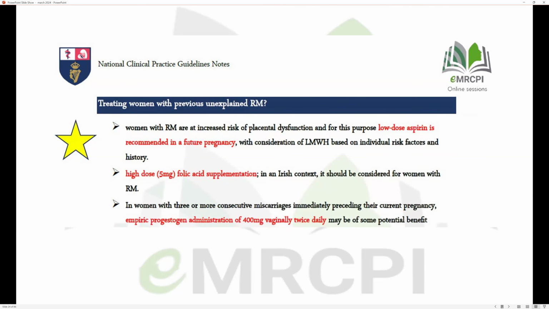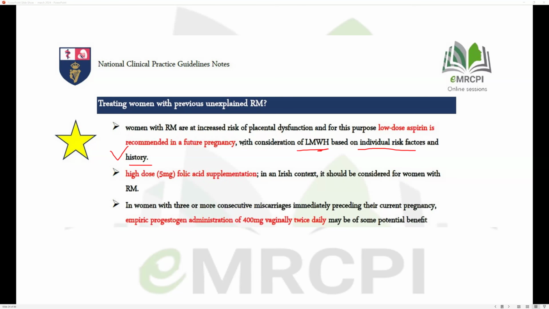For a woman with previous unexplained recurrent miscarriage, there is increased risk of placental dysfunction, and for this purpose, low-dose aspirin is recommended in future pregnancy, with consideration of low molecular weight heparin based on individual risk factors and history.